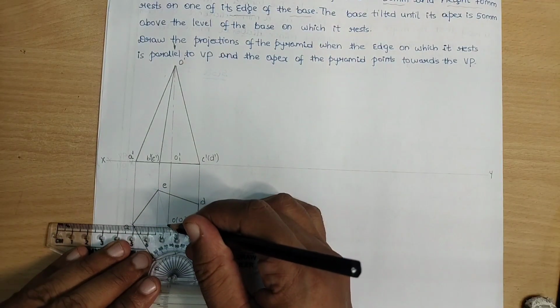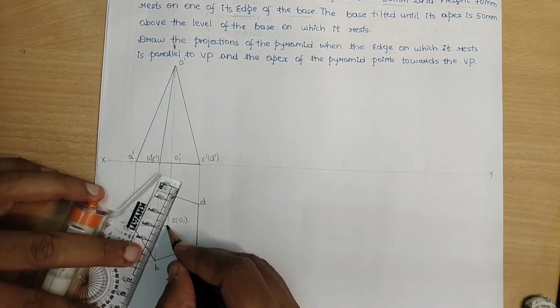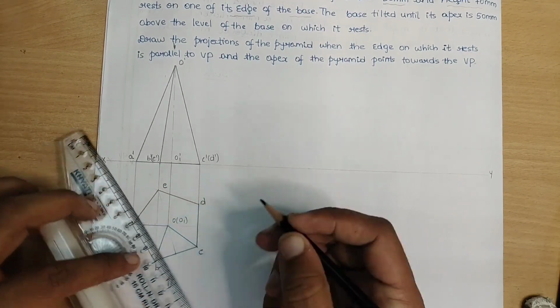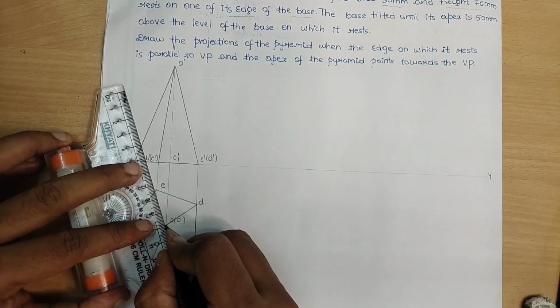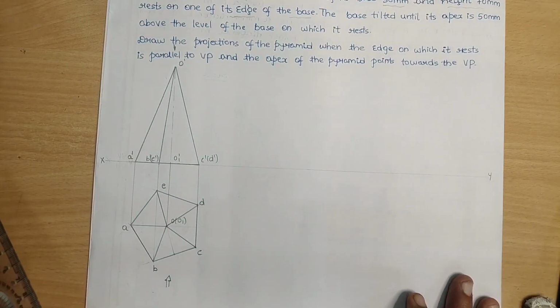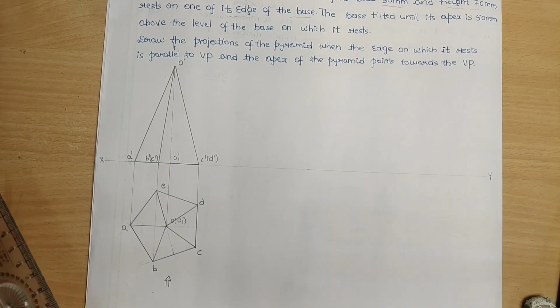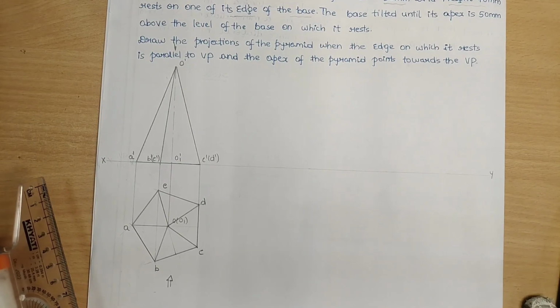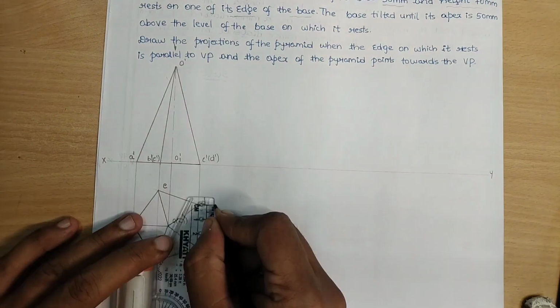Make sure to darken the lines connecting O to A, O to B, O to C, O to D and O to E. These are called slant lines, slant edges or radial lines. So this is the first two positions of the given question. Let me show the dimensions.